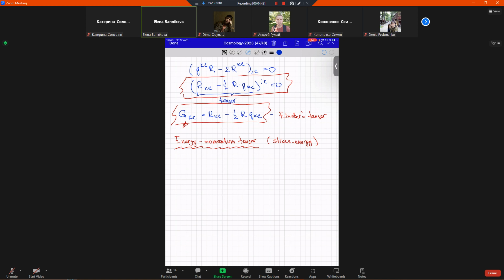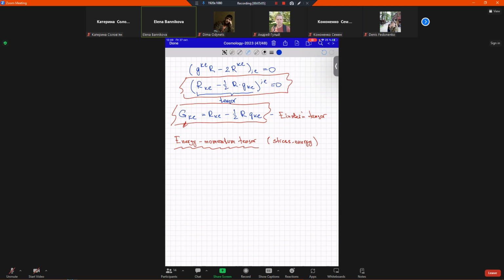We will see now that it's related to the 10 values which will constitute this object which we now will build. So what does it mean in this case?